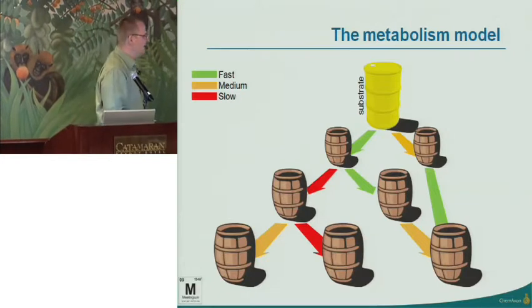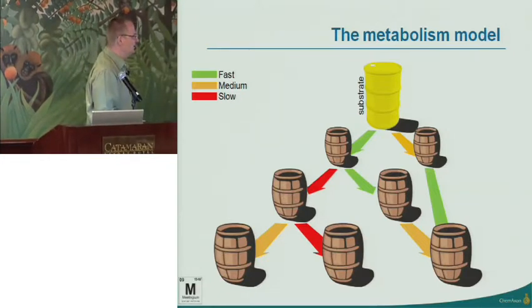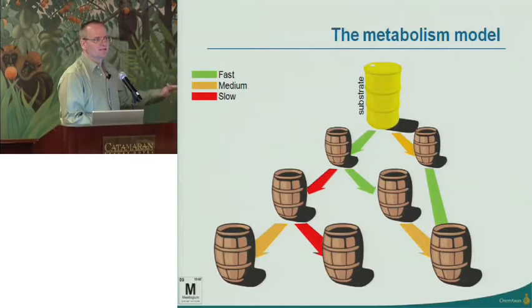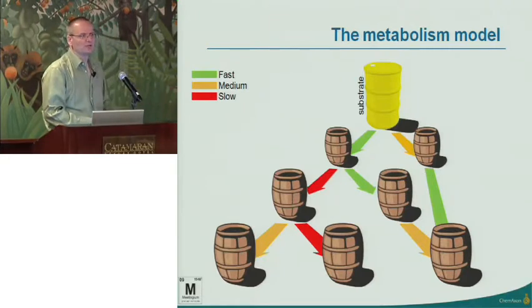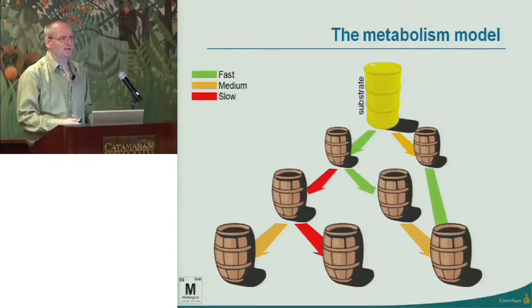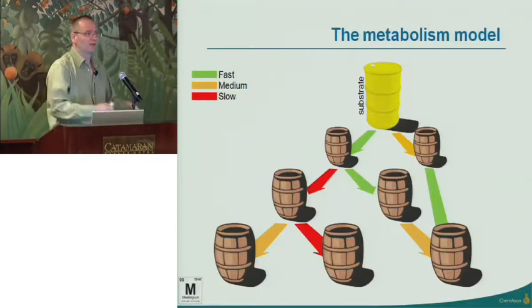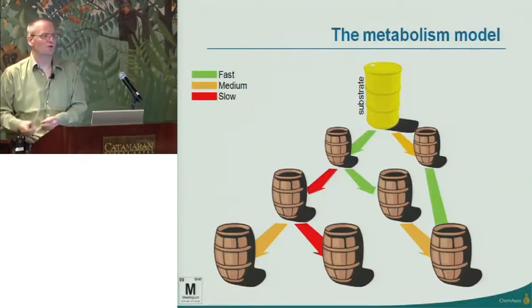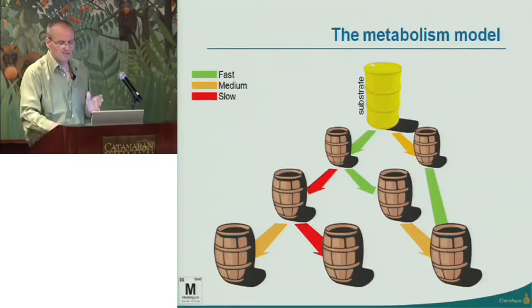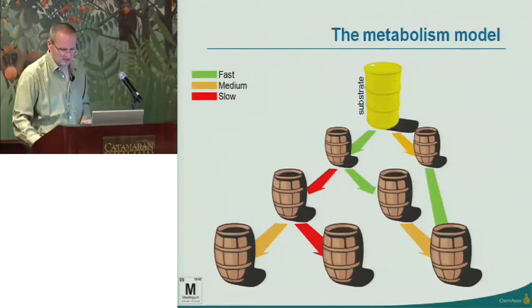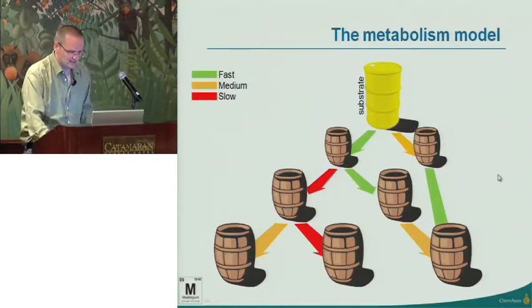A major metabolite, for example, can be in a barrel which has wide pipes in which the water comes in, but only slow outflow, so it accumulates. So the keyword is accumulation. We consider major metabolites those metabolites which are produced quickly and consumed slowly. So the accumulation, which is a relative number, is the highest.